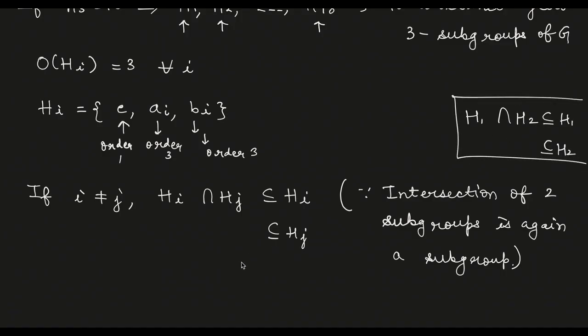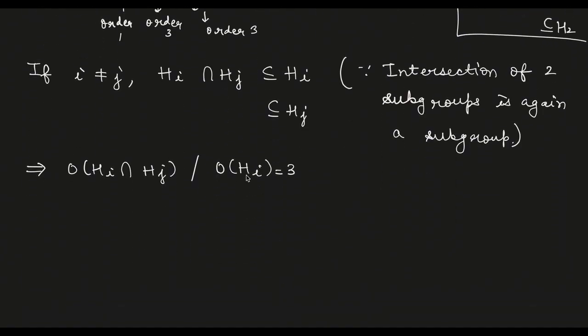Yes, ma'am. So now the order of Hi intersection Hj will divide the order of Hi, and the order of Hi is 3. So the order of Hi intersection Hj is equal to 1 or 3.